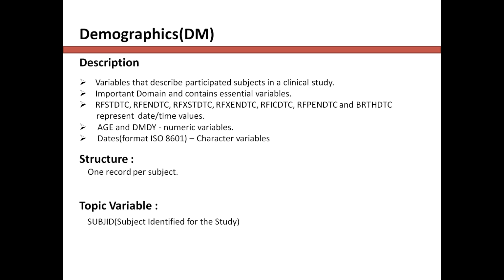Age and study day of collection are the two numeric variables present in the demographics domain. All date variables in the SDTM are character variables, and the format is ISO 8601.